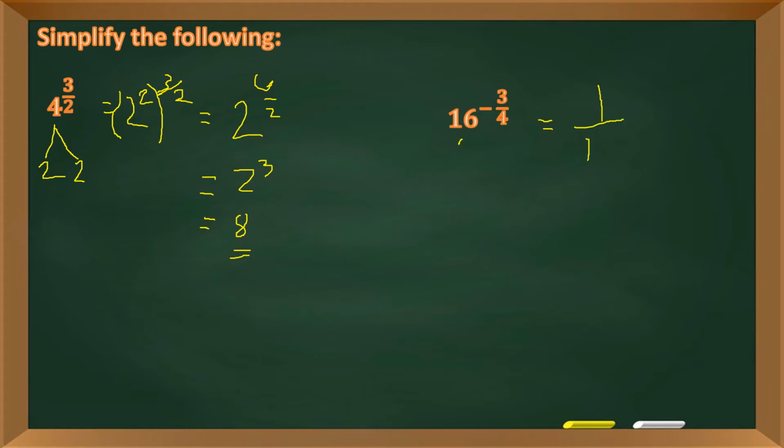So we have to find the reciprocal of the expression with its corresponding positive exponent. So that's positive 3/4 now, and 16 raised to positive 3/4. Of course, we can now find the prime factors of 16.